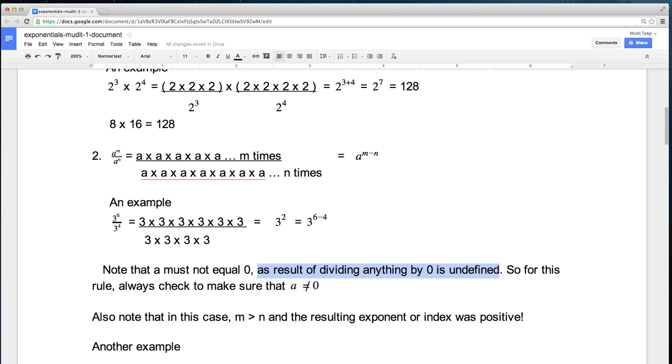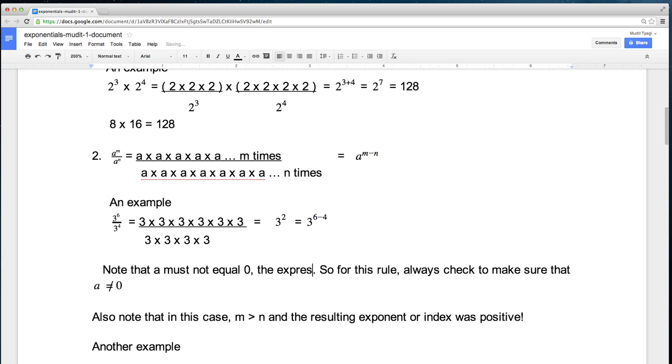A better way of saying this is that a should not equal 0, otherwise the expression is just 0.